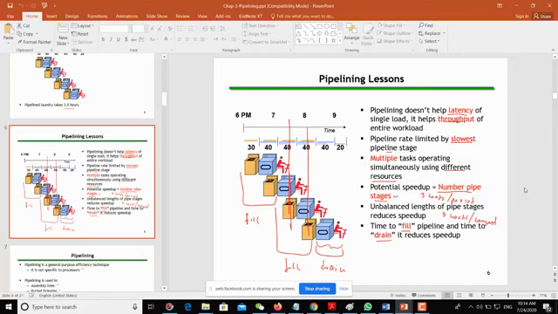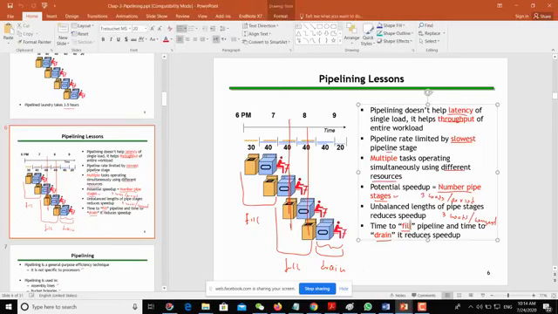So this is fill, fill, and this is drain. Again, the pipelining started at 6 p.m. and it finished at 9:30. So the total time it took was almost 3.5 hours.